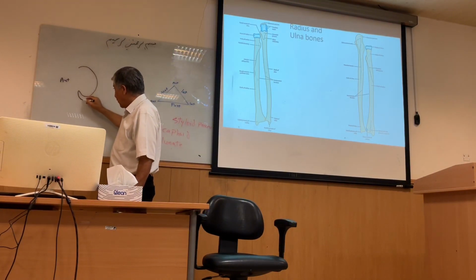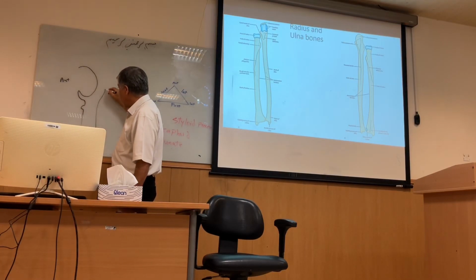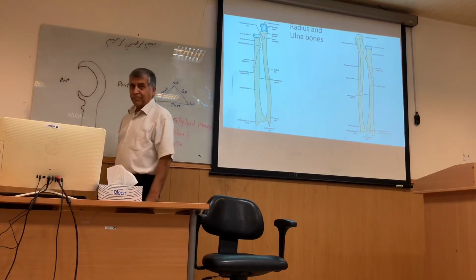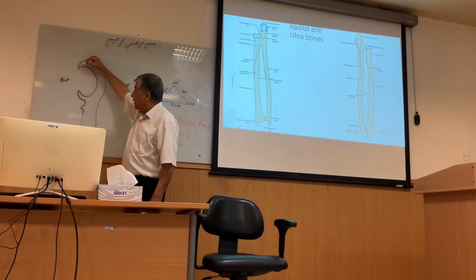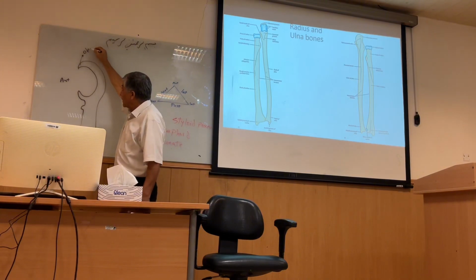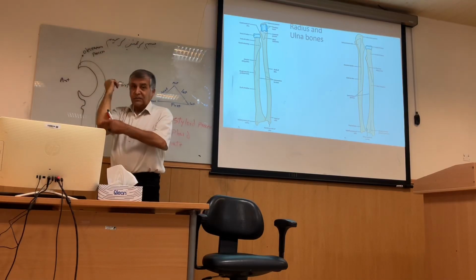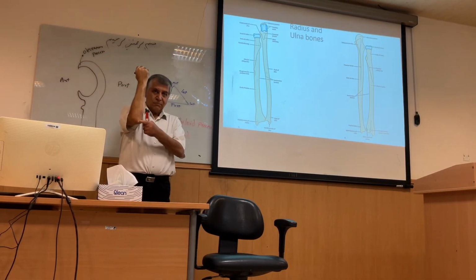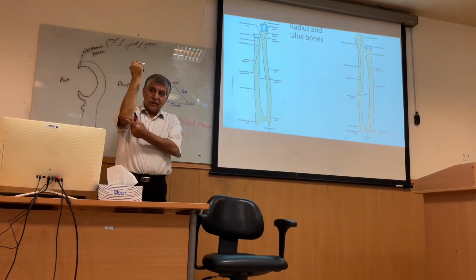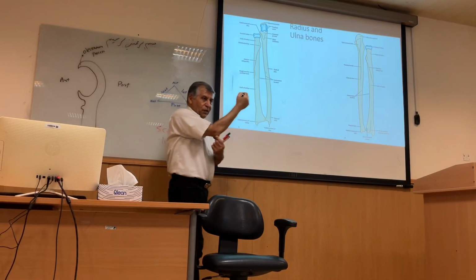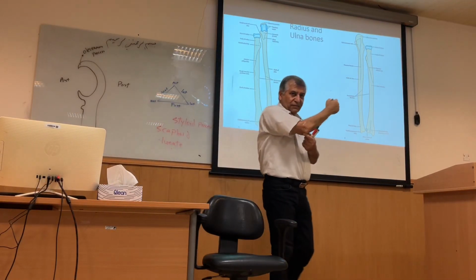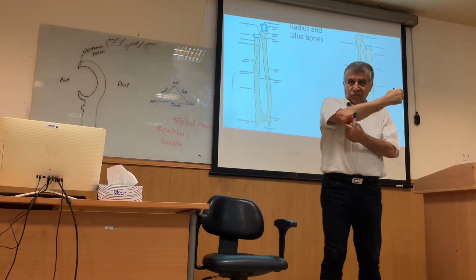This one is lateral, anterior, posterior. This one is called the olecranon process. This bone behind the elbow is called the olecranon process. You can touch it. Okay?